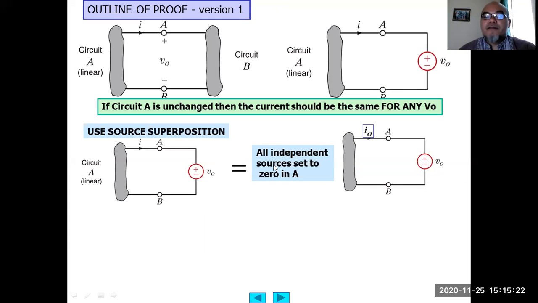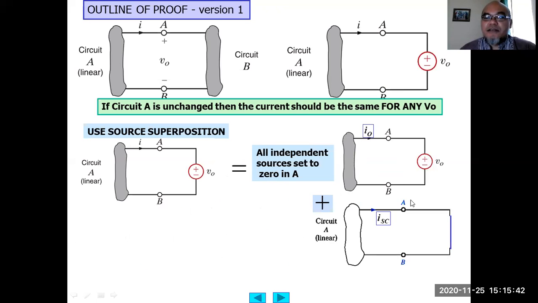Then we have I_O flowing due to the contribution of the V output here, plus the contribution due to all independent sources in A, when the output is short-circuited. When we short-circuit this, the contribution to the current flowing through the circuit is called I short-circuit, or ISC.